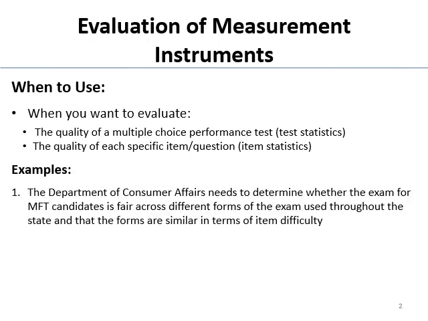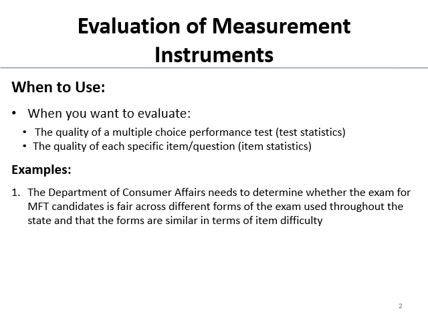Some examples. The Department of Consumer Affairs needs to determine whether the exam for MFT candidates, so that's something else now, right? It's like family and child therapy, is fair across different forms of the exam used throughout the state, and that the forms are similar in terms of difficulty. So one of the things that they do is they make different forms, and this is real, by the way.